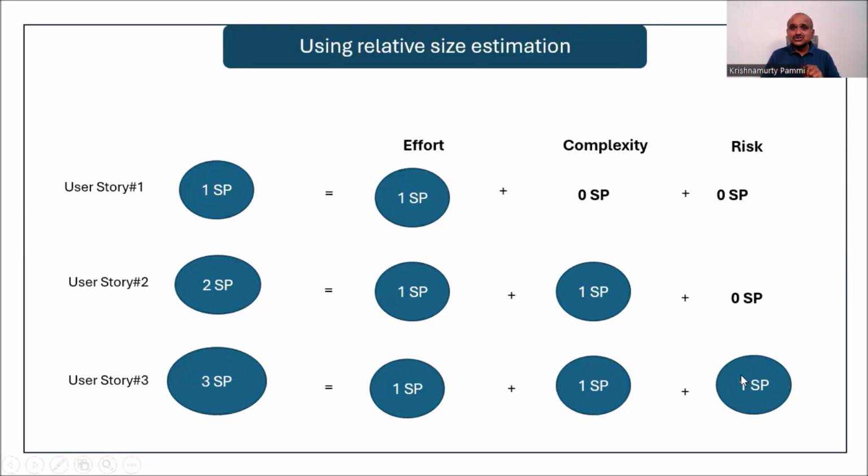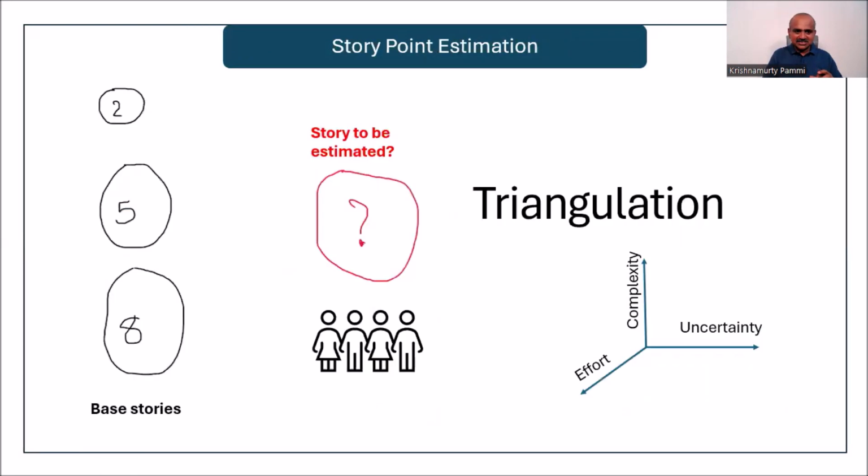So I'm claiming 1 story point. Document the reason here. So in this case, the mental model while doing relative size estimation is that the team members estimating their user story have to think about effort, relatively, where it fits. How many story points can you give?